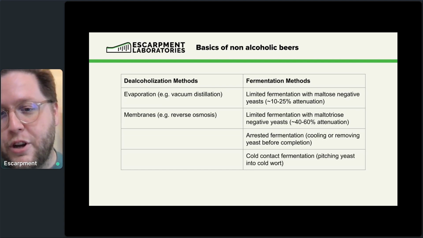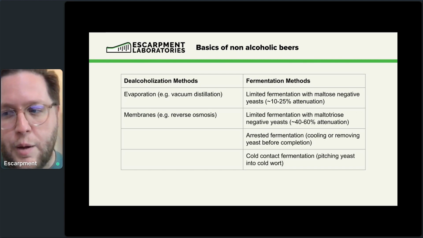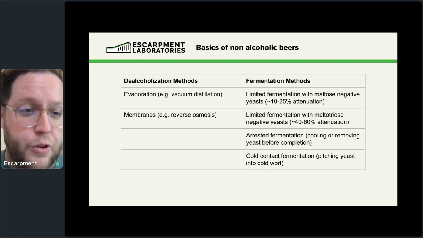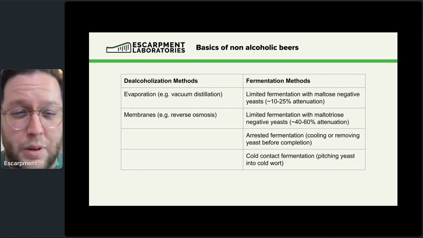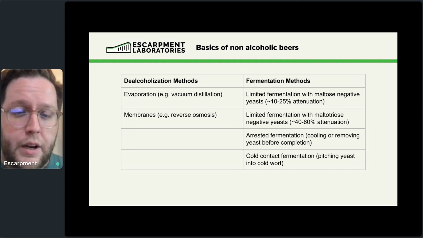I would say the best approach here would be to get that yeast out and then pasteurize that beer as fast as possible to avoid it from over fermenting. Because with arrested fermentation, the biggest risk in a brewery is it goes too far, and then you have to make another batch or blend it, and there's a lot of rework that can happen. But it can be effective because you can use any strain.